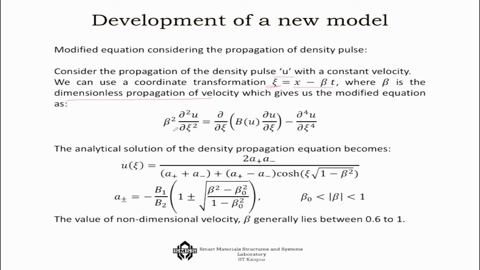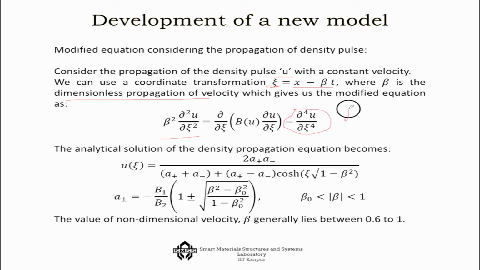So we can get the new equation not in terms of x, but as beta square ∂²u/∂ξ² equals ∂/∂ξ of b(u) ∂u/∂ξ minus ∂⁴u/∂ξ⁴, which is the dispersion part.